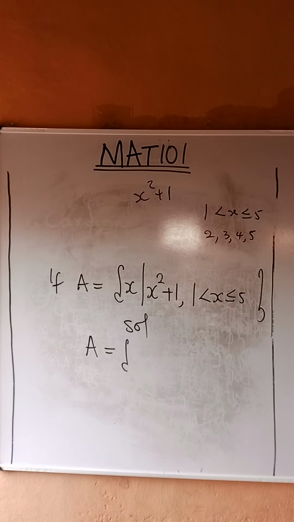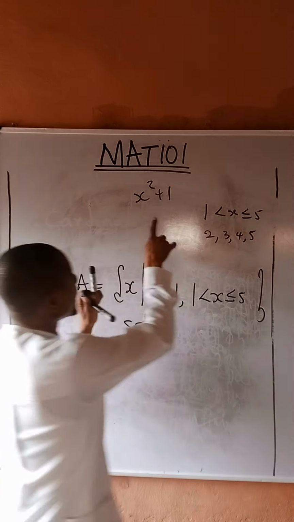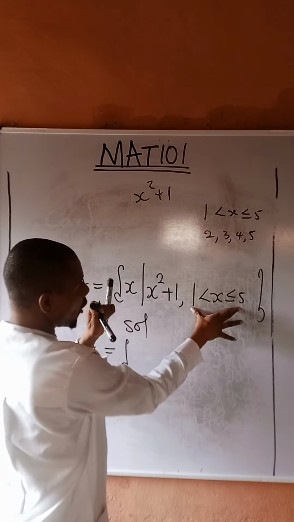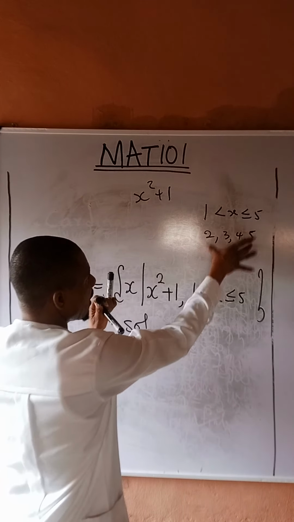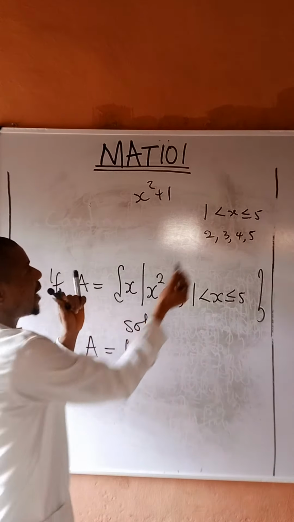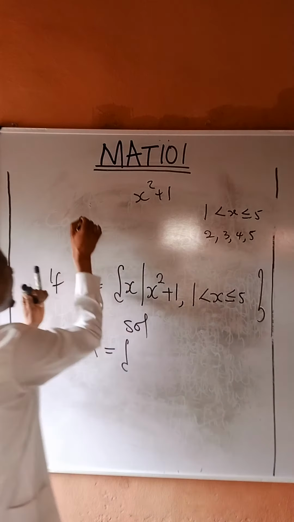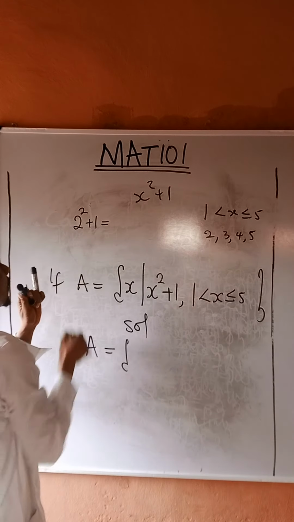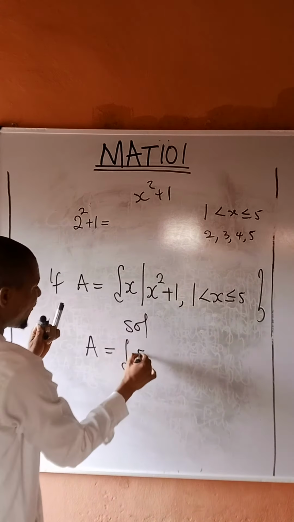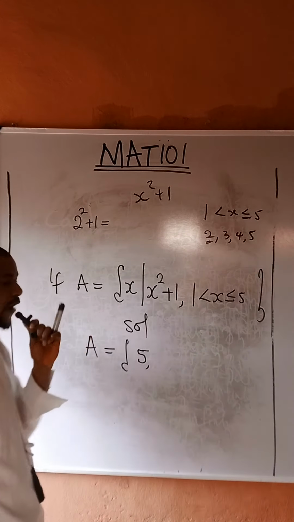Any place I see x, I have captured every element here, which is 2, 3, 4, 5. These satisfy this condition. So any place I see x, I will substitute. Put 2 here, you have 2 raised to the power of 2 plus 1, which is equal to what? 4 plus 1, so what I have here is 5. The first element, when I use this, gives me 5.